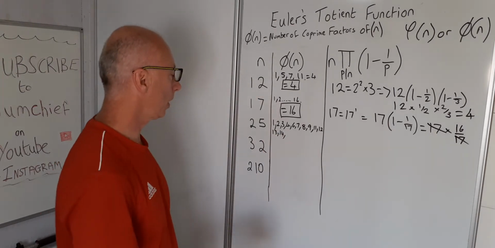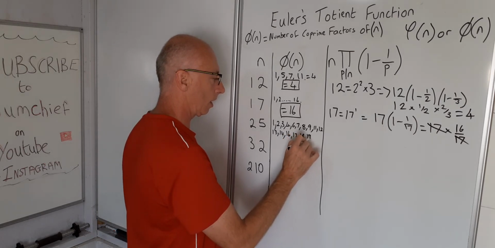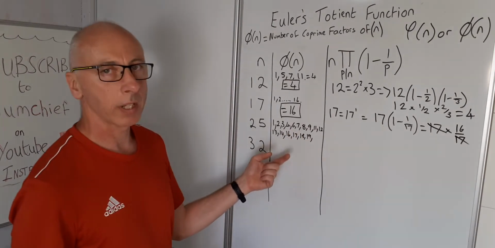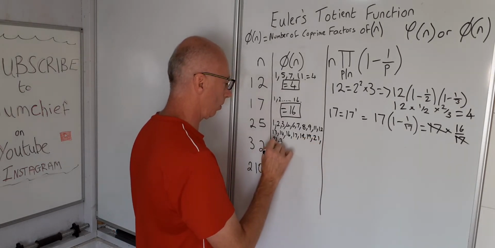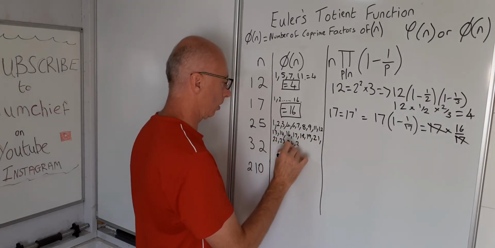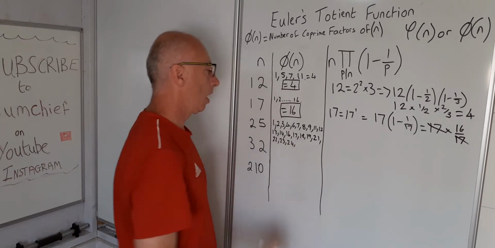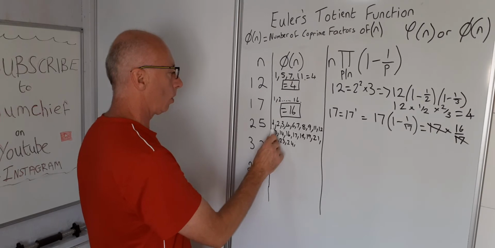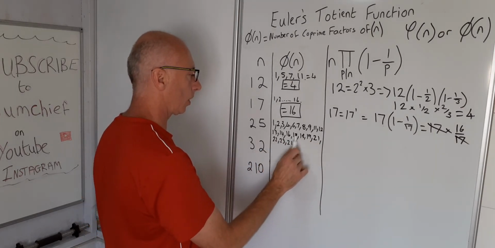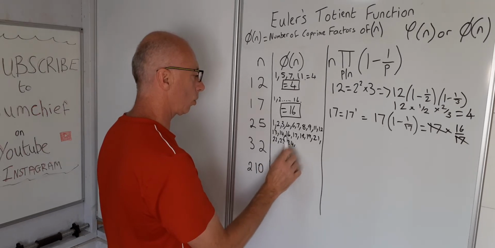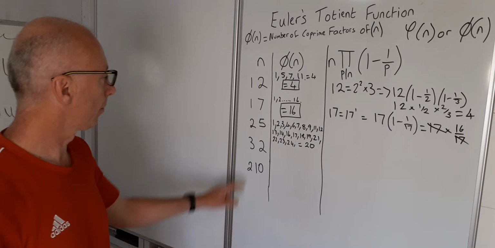Again we miss out 15, then 16, 17, 18, 19. Miss out 20, and then 21, 22, 23, 24. Okay, so that's 1, 2, 3, 4, 5, 6, 7, 8, 9, 10, 11, 12, 13, 14, 15, 16, 17, 18, 19, 20. So we're hoping that this is going to give us 20.